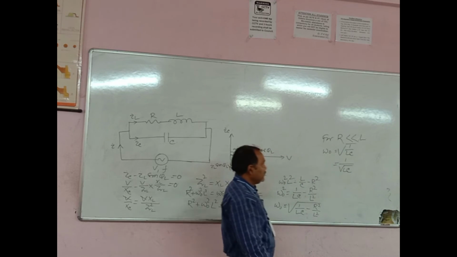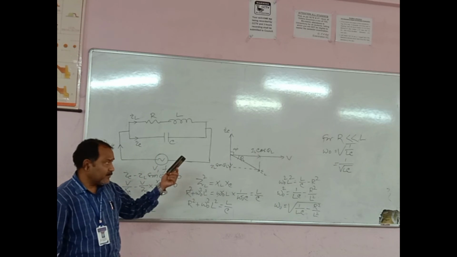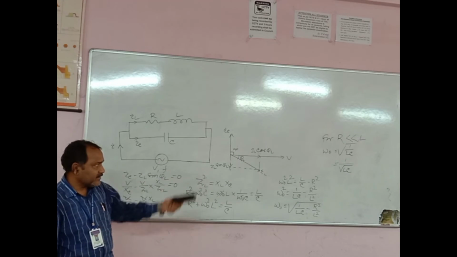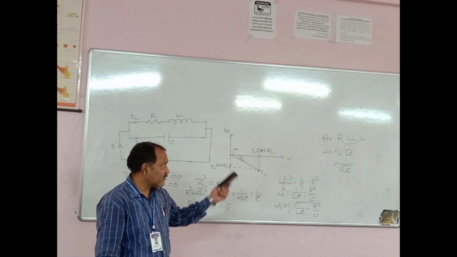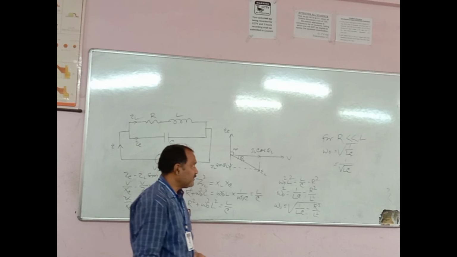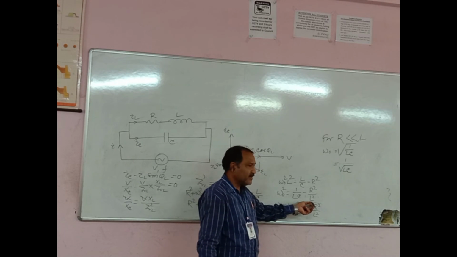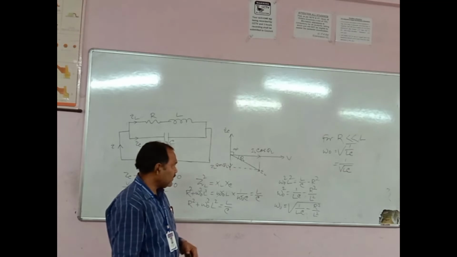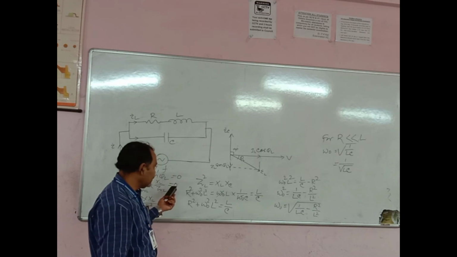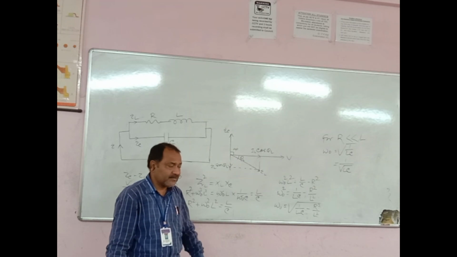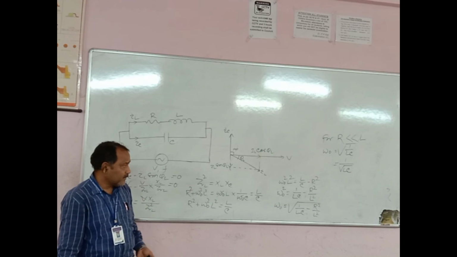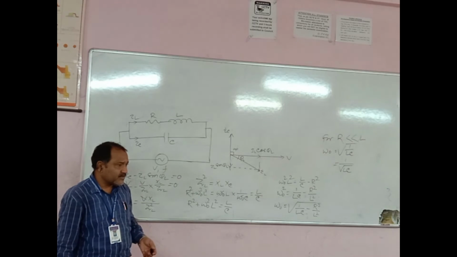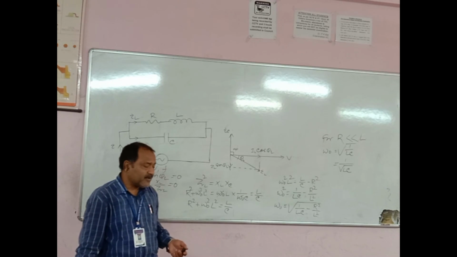See now, in case of series resonance also we get the same resonant frequency. And in case of the parallel circuit also we get a resonant frequency which is the same as that of series resonance, but the condition is that the resistance should be omitted or negligible with respect to inductance. Then similarly we can find the quality factor for the parallel circuit, and also the bandwidth of these resonance conditions and the half power frequency.